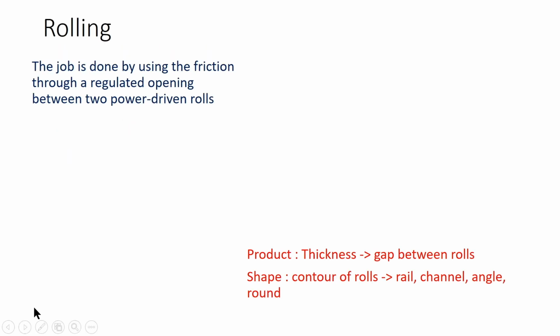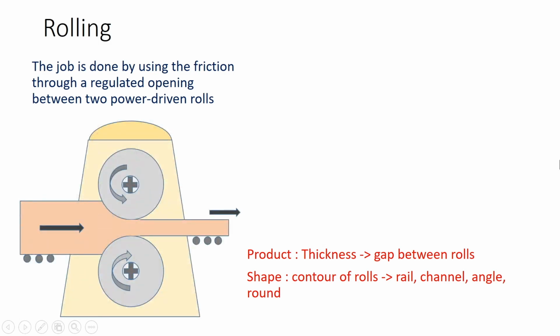Now, let us look at the first process, that is the rolling process. In the rolling process, we have a set of rolls, roll 1 and roll 2. These two rolls are power driven rolls, and we are maintaining a constant gap between them. These two rolls are rotating simultaneously, but their direction of rotation is opposite.